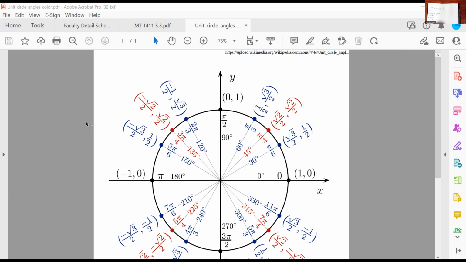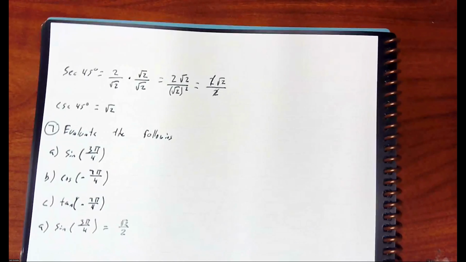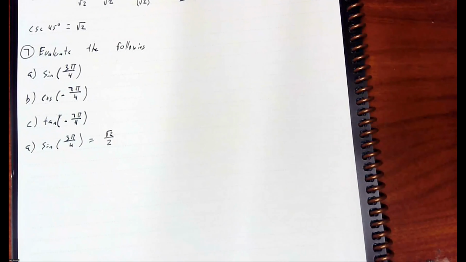Let me switch back over. A will just simply be square root 2 over 2. No big deal. Part B, we have to find that coterminal first.